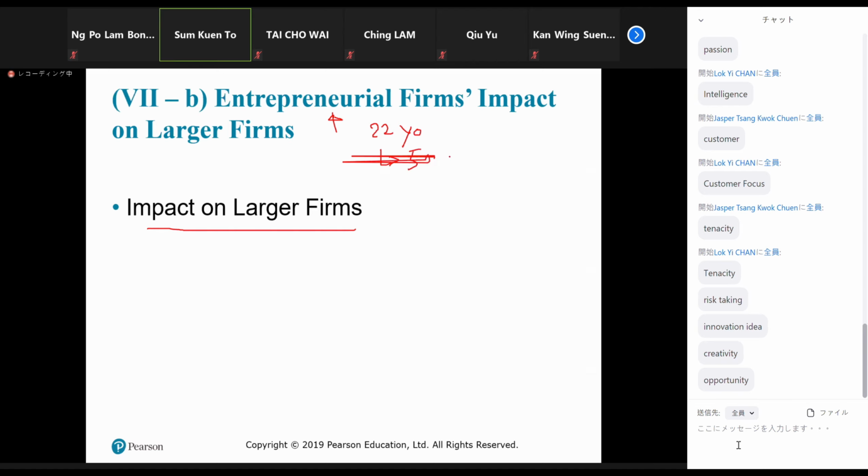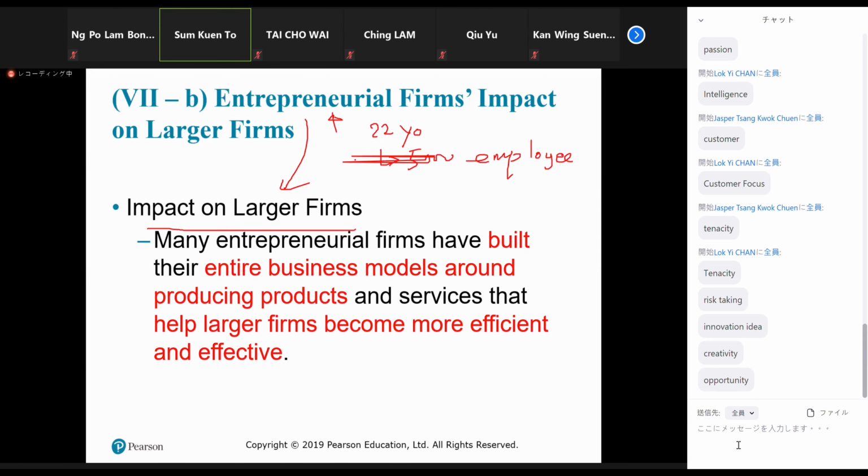Quite impossible. You may start with your partner, two-man band, three-man band. So you are a startup with a small firm, but you may be doing something to help the large firm. Some example here, of course, an international company is Apple.